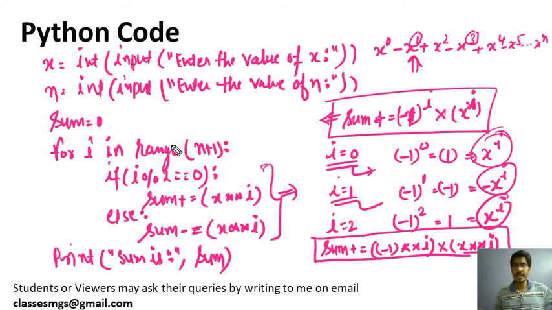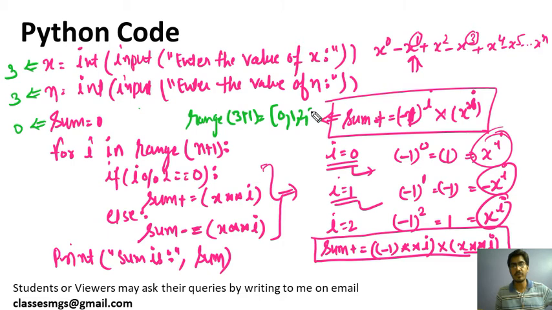Now we can try it for sample input. Let me give some sample input. Let's suppose the value of x is 3 and n is 3. Sum will become initially 0. Range of n is 3, so 3 plus 1 is 4. So the range function will return 0 1 2 3.